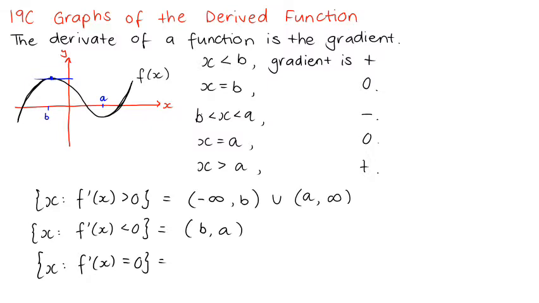So how do we write that? We can just write the set of b and a, or a and b, it doesn't matter which way. But that's a set, so that means just a and just b, not between them, because we want x equals a and x equals b.